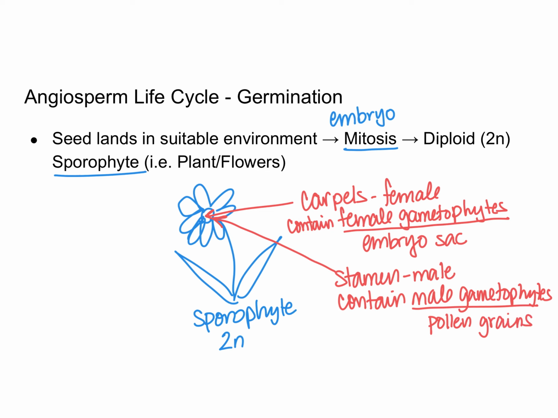And then the cycle just starts all over again. So germination produces the sporophyte, which then allows for the production of the gametophytes, which then allows for the production of another sporophyte, which produces more gametophytes, and on and on and on.